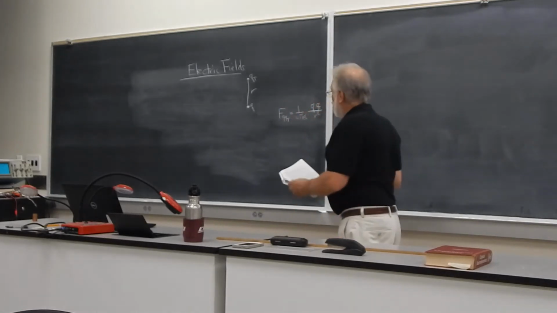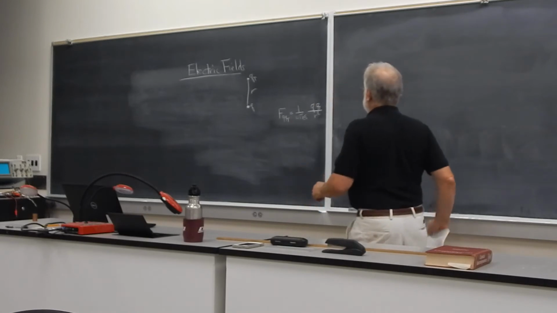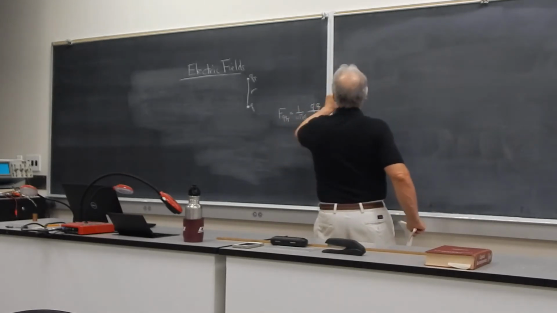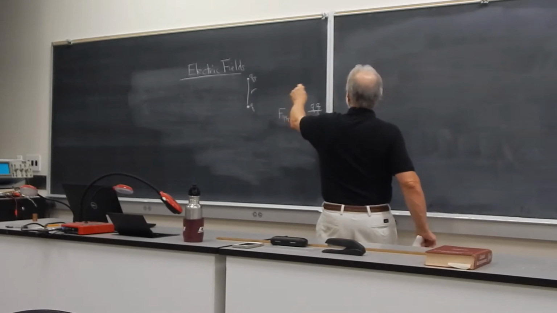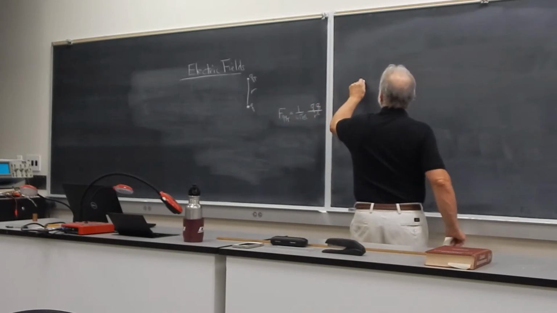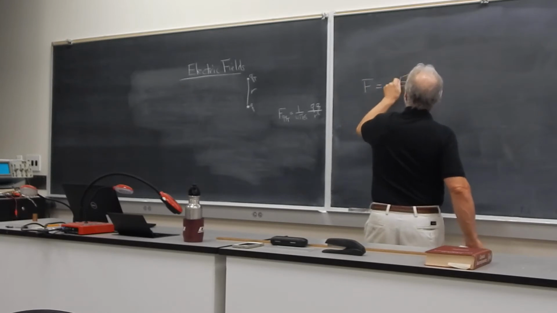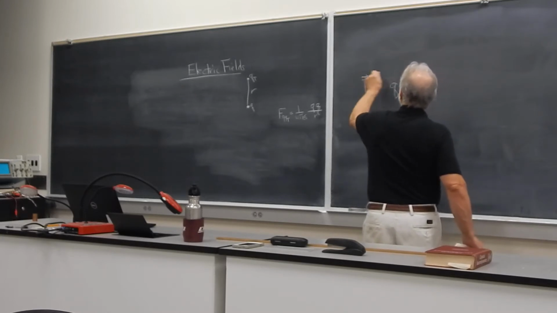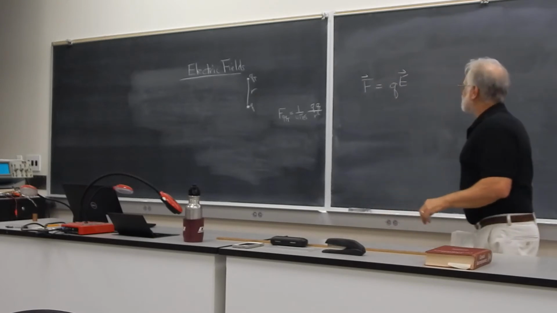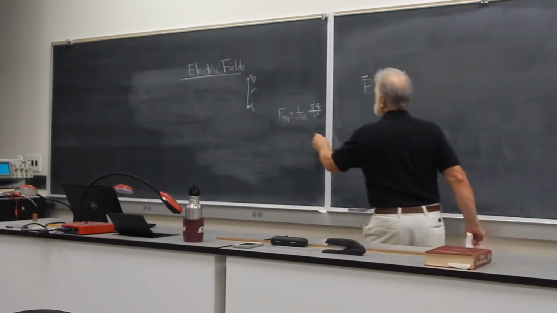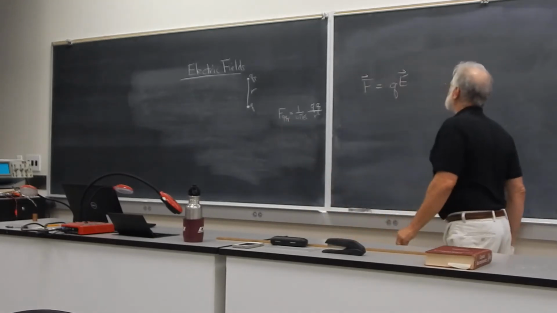So we can say then that charge Q sets up a field around it such that the electric field, when I multiply by charge Q, will result in a force. That is to say, the Coulomb force.